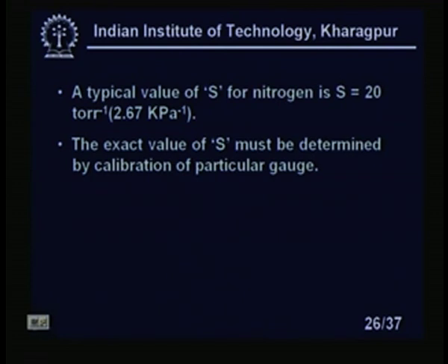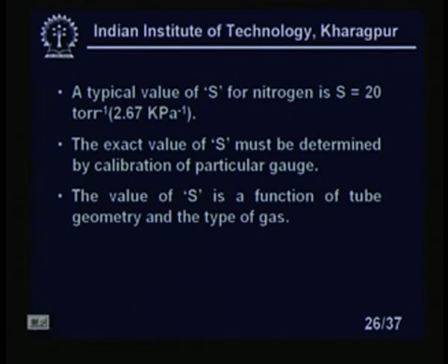It is not gas independent, like the McLeod gauge and others. So, you have to calibrate it separately for a particular gas and particular gauge. The value of S is a function of the tube geometry and the type of gas. So, you have to calibrate it separately to find the value of S.